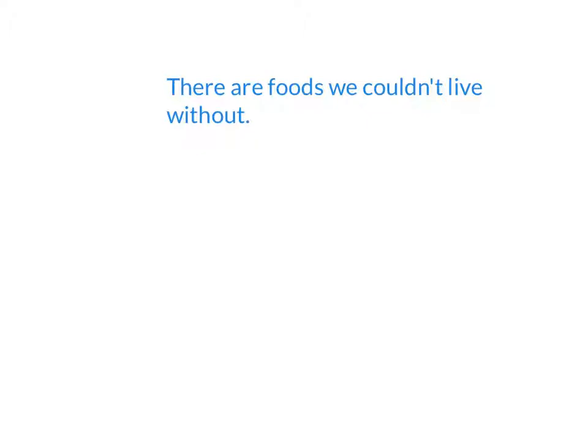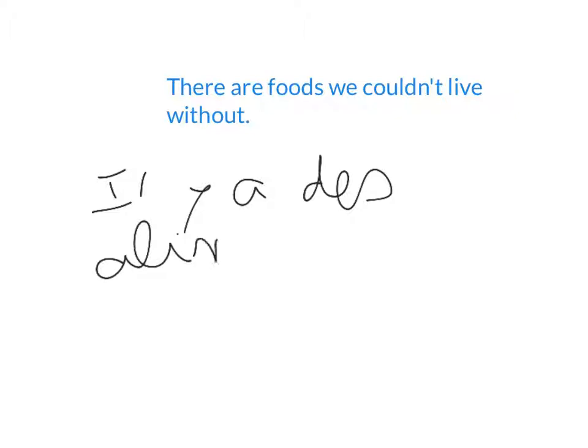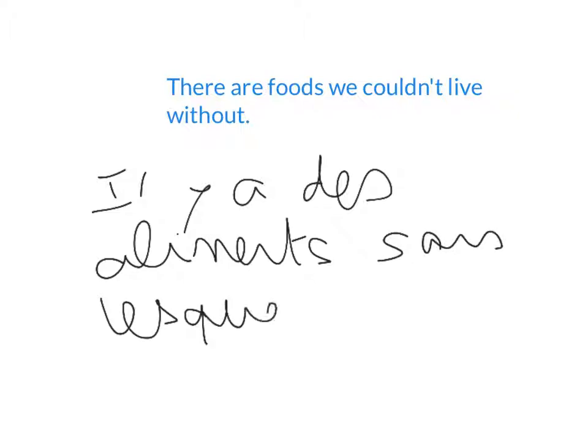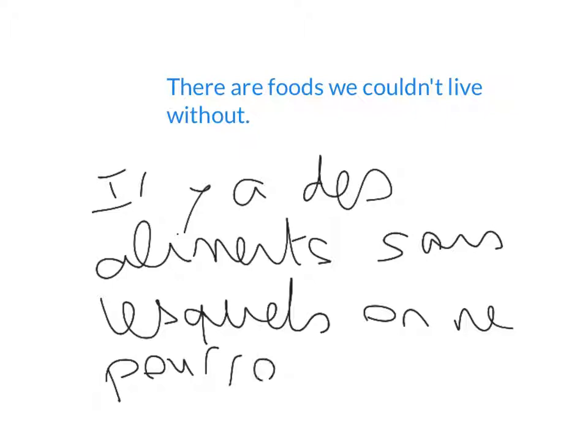So we'll say, il y a des aliments sans lesquels, because aliment is singular and plural, on ne pourrait pas vivre. Il y a des aliments sans lesquels on ne pourrait pas vivre.